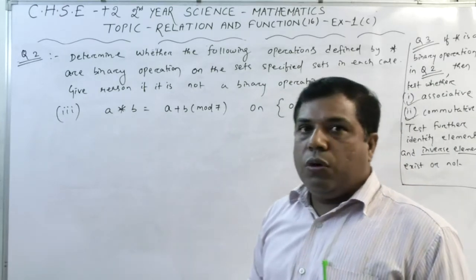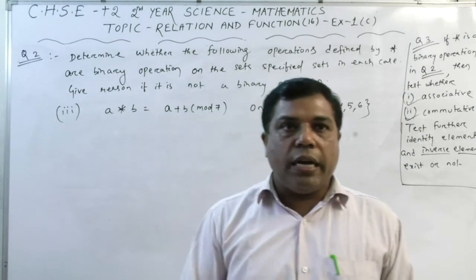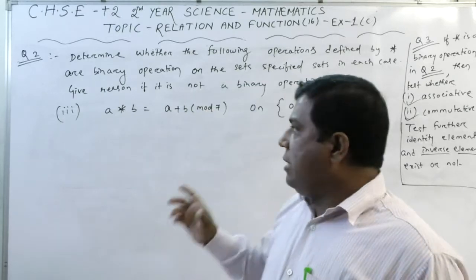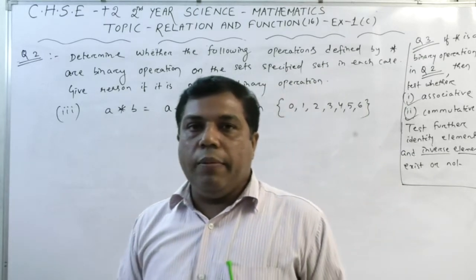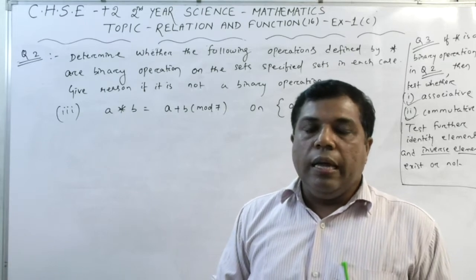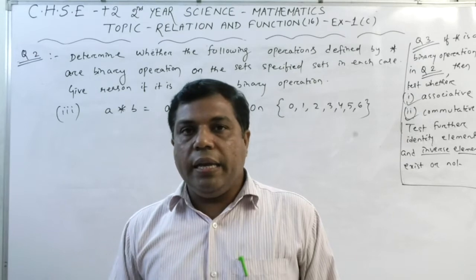So we can go for the solution, or we can check all the properties as I suggest. If the set is finite, containing only a few elements, then we can check all the properties by computing the operation table, or the binary table.